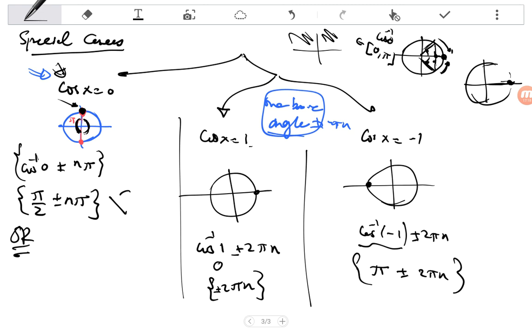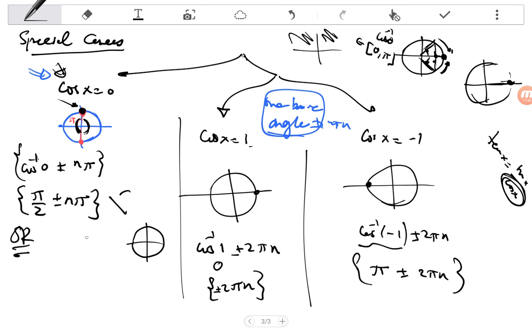This is one description, but there is also another description, which we have done before when we found the domain of tan x. If you remember, when we tried to find the domain of tan x, we learned that tan x is just sine over cosine. And to find its domain, we solved the equation for which cosine x is equal to 0 to exclude these values from the domain.